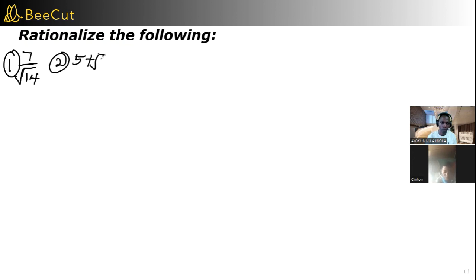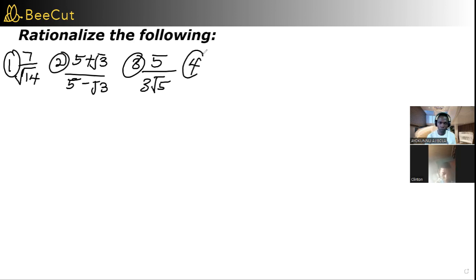5 plus 3, 5 minus, and number 3, roots, 5/3 root 5, 4, root 5/6.